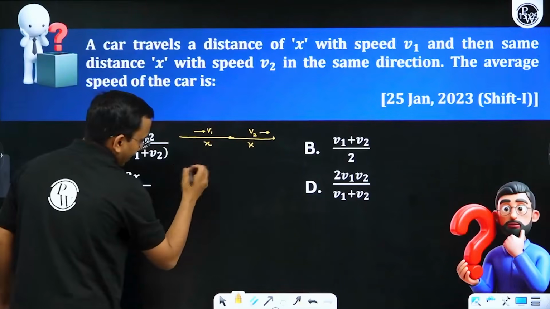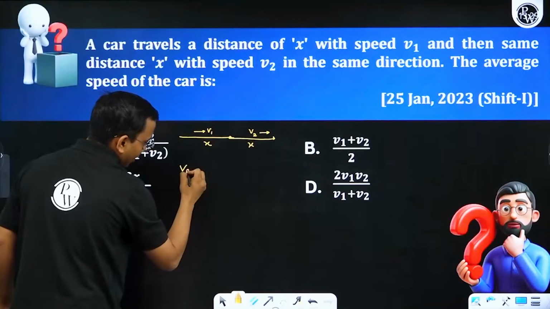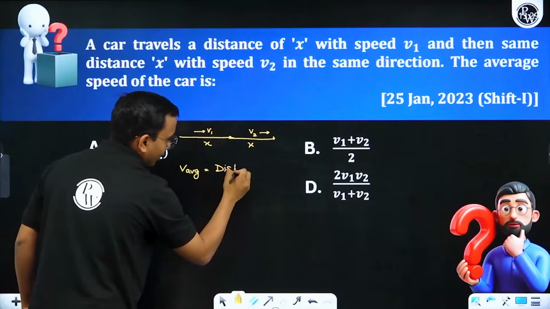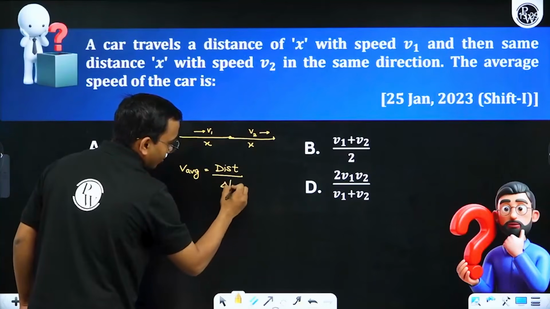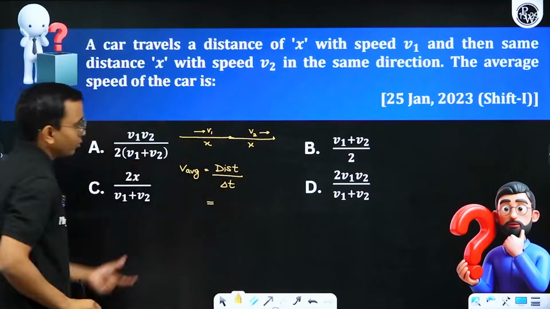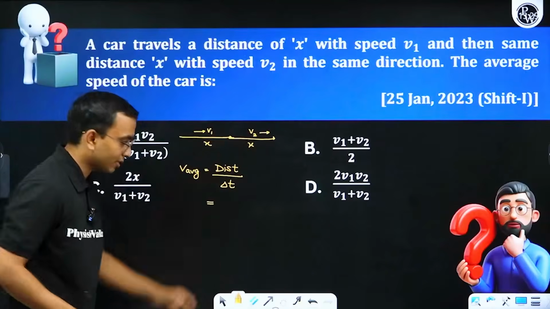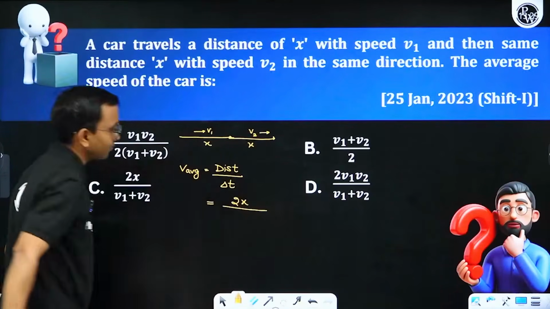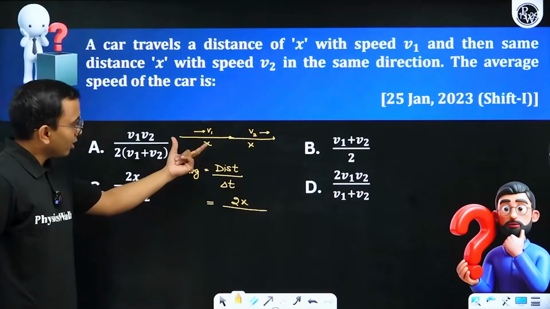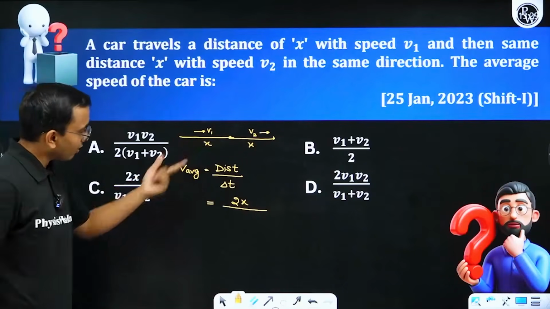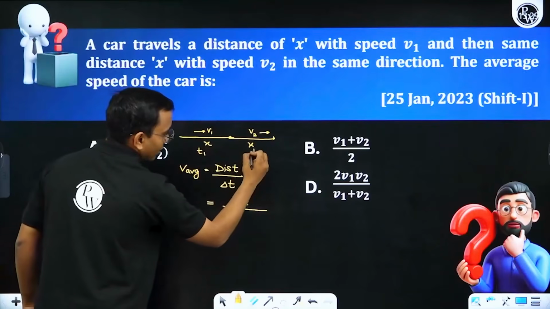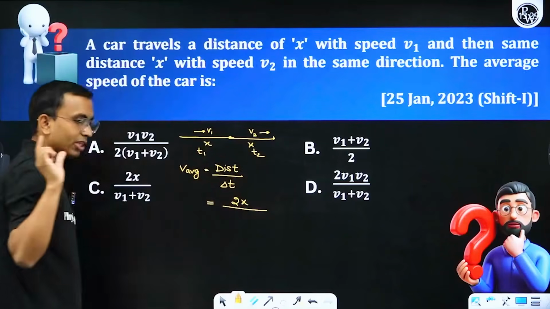So when I say average speed, this is my distance divided by the time interval. What is the total distance? x plus x, so 2x, divided by the total duration. Let us take the duration in this part as t1 and in this part as t2, so it will become t1 plus t2.